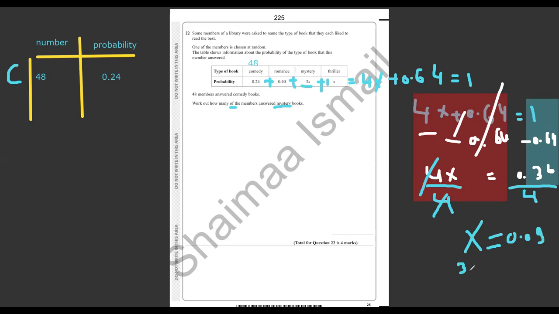So the 3x will be equal to 0.27. So this missing part is equal to 0.27 as a probability, 27. And here it will be equal to 0.09.